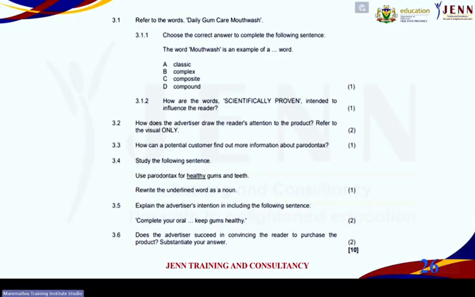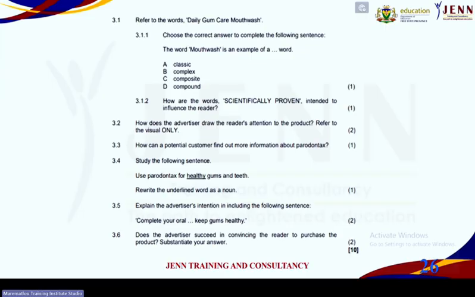It says here at 3.6, does the advertiser succeed in convincing the reader to purchase the product? Substantiate your answer.